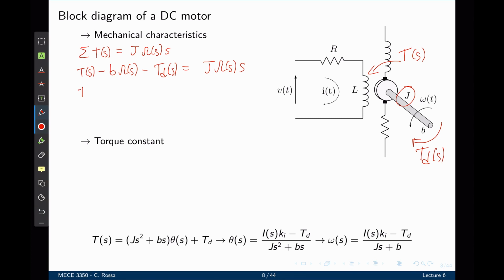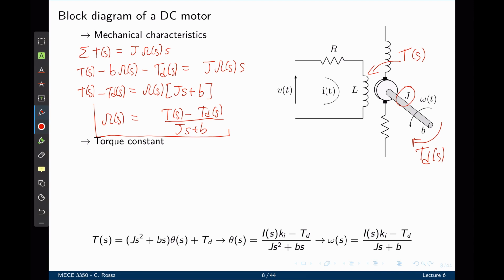From this we have T of s minus Td of s equals omega of s times Js plus B. We can now create an expression for the speed: omega of s equals T of s minus Td of s over Js plus B. This is another expression that we need to model the DC motor.